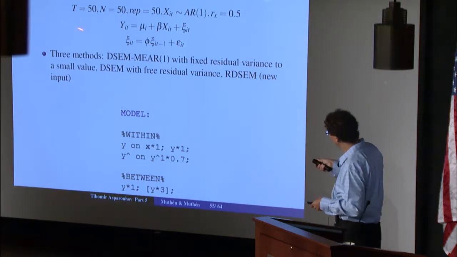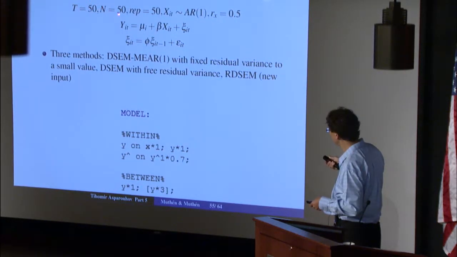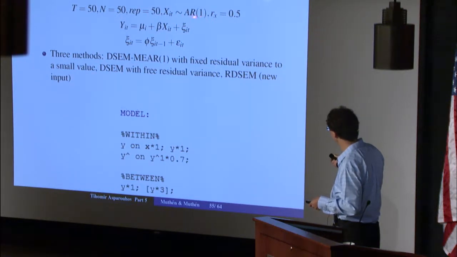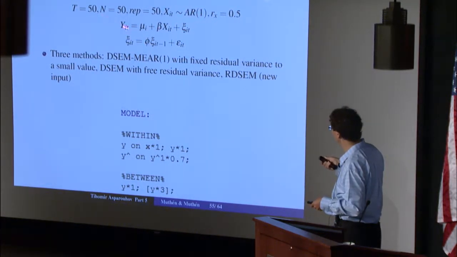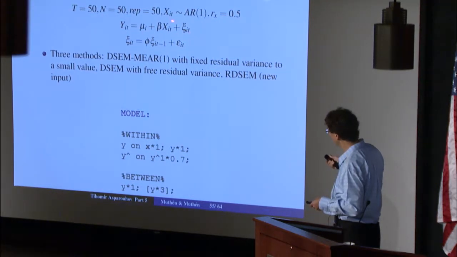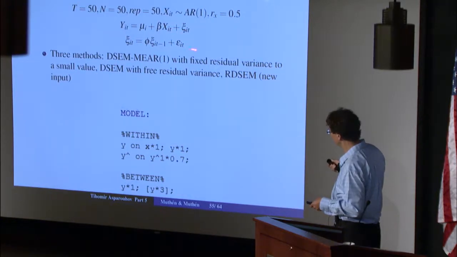What I'm going to do here is generate two-level data with 50 time points and 50 individuals, just 50 replications in this simulation. We're going to use a covariate coming from an AR1 model with autoregressive parameter 0.5, and we're going to use an AR1 model, and the covariate is again outside of the autoregressive equation.